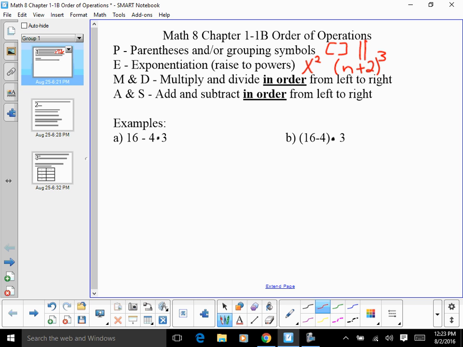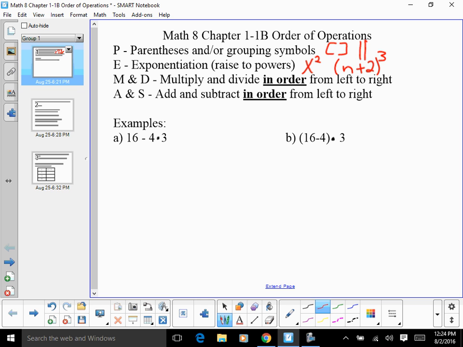When we start looking at these, one of the first things I do is I kind of go through and I say, all right, I look for parentheses, that's the P. Do I have parentheses? No, I do not. Then I look for the E, exponents. Do I have exponentiation? No, I do not. I move on. Do I have multiplication and division?